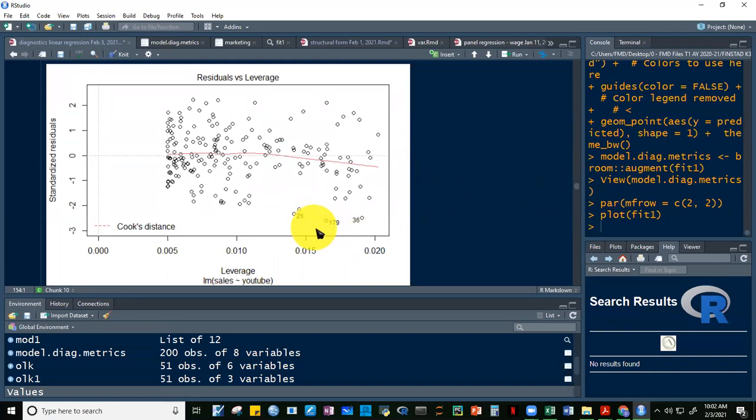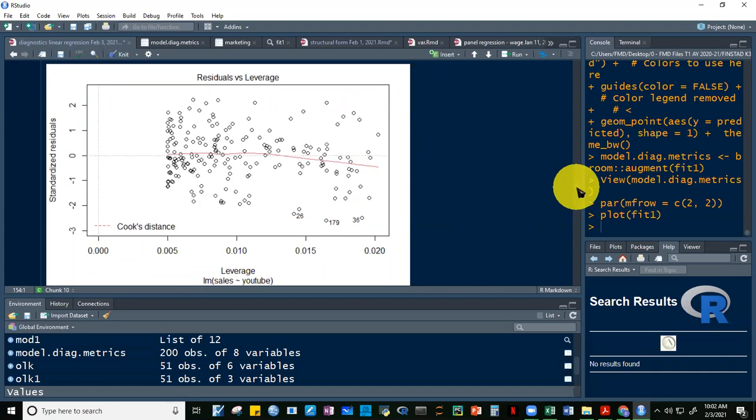Naka-identify dito yung mga points: observation 26, observation 179, observation 36. Mukhang candidate sila na influential data point, ibig sabihin medyo outliers. Okay? And you'll need further analysis for that.